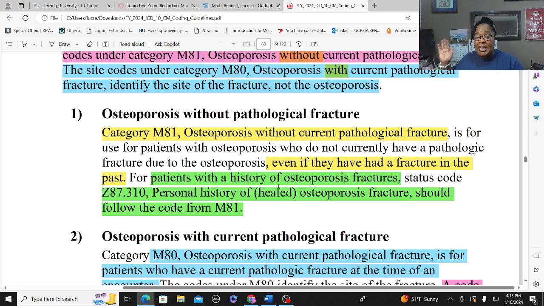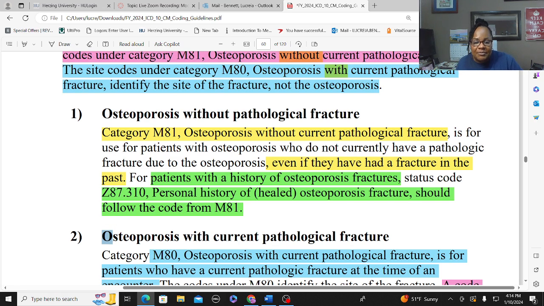And for patients with a history of osteoporosis fractures, the status code Z87.310, personal history of a healed osteoporosis fracture, should follow the code from M81. So again, you're coding the osteoporosis M81, but you're identifying the fact that the patient had a history of it, but they don't have a fracture today.